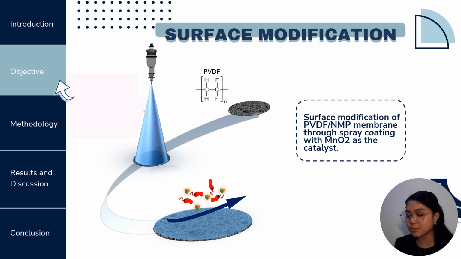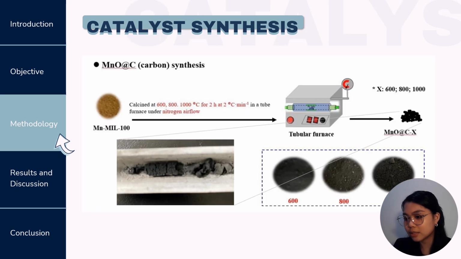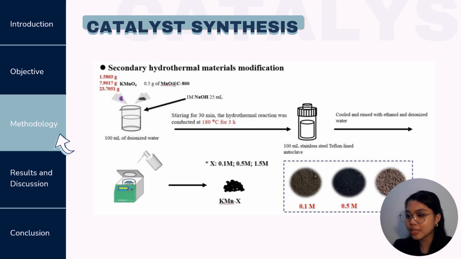So to do that, we aim to fabricate the PVDF membrane and coat it with δ-MnO2. Our methodology comprises three major parts: the catalyst synthesis, which is divided into three stages: the Mn-100 synthesis, the carbon encapsulated MnO synthesis, and the formation of the final form of the photocatalyst, which is δ-MnO2.